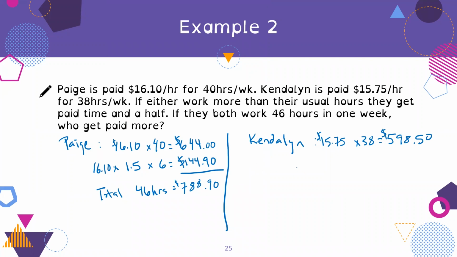So like I said, I'm just going to do a little extra overtime rate over here so you can see how you can do it a different way. So to calculate their overtime rate, well, $15.75 is their usual rate. So we're going to multiply that by 1.5 because they get time and a half.